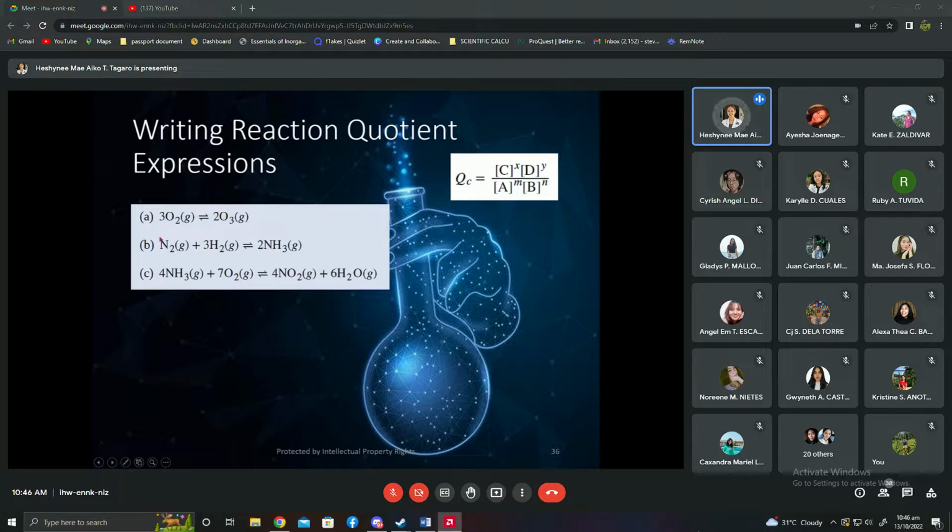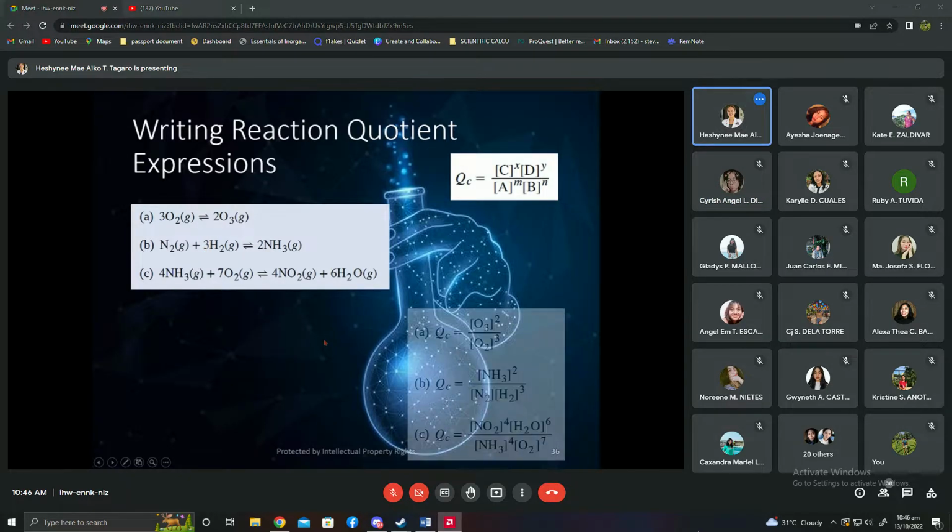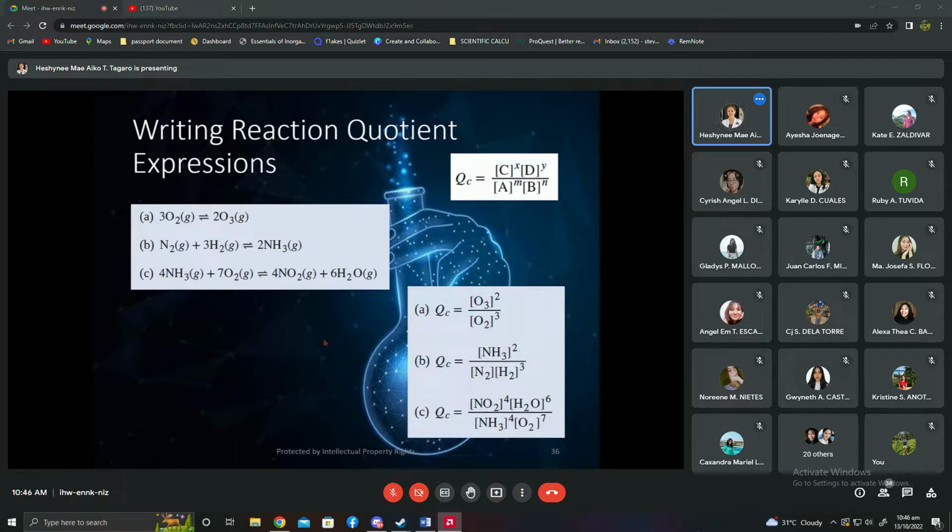We have three reactions here. These are already balanced chemical equations. All you have to do is write the Qc expressions for these chemical equations. Since it's the first time, let's look at the solution. Observe and familiarize first.